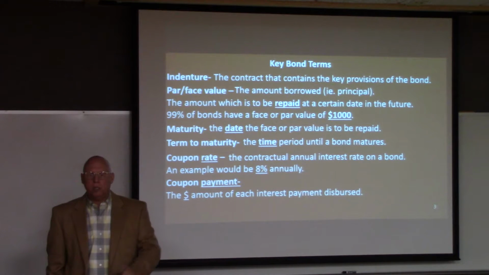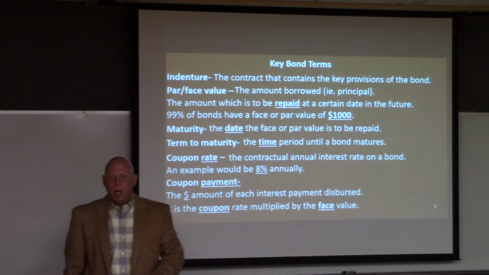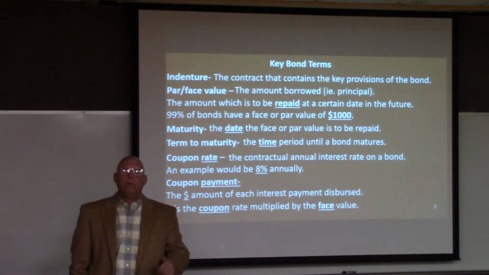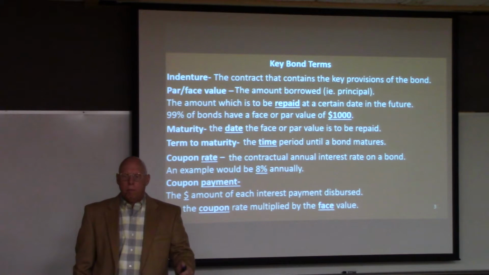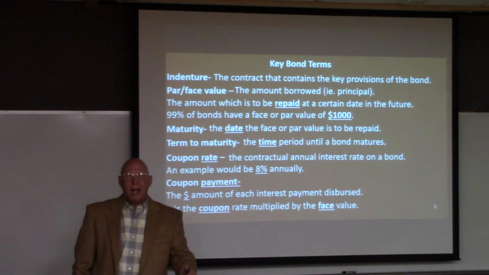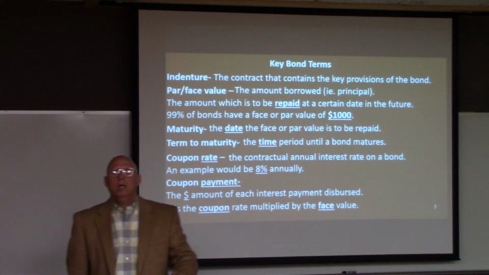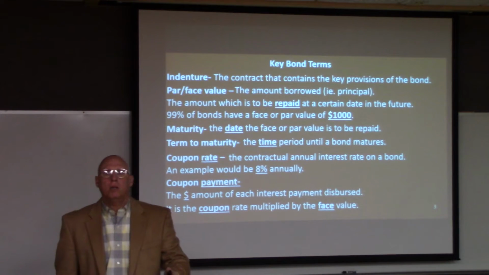The coupon payment is the dollar amount of each interest payment that is dispersed, and you compute it by multiplying the coupon rate by the face value. So the purpose of the coupon rate is to help determine the coupon dollar payment.